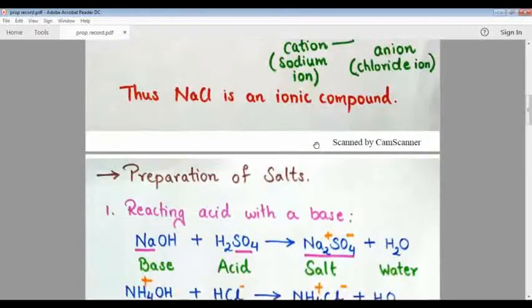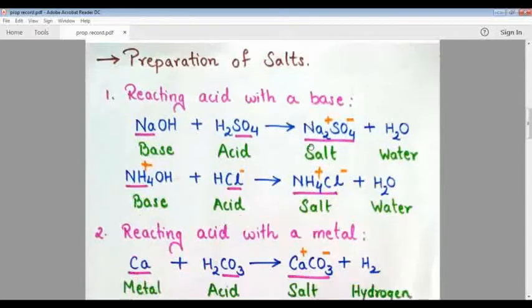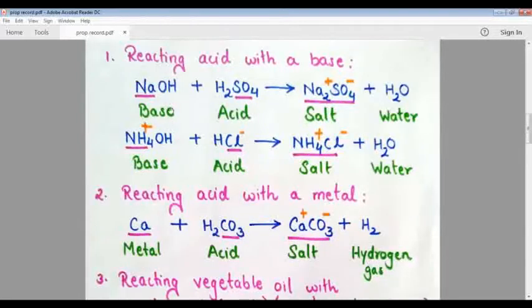Now moving on to the next part, preparation of salts. There are various methods for the preparation of salts, a few of which we will study. The very first, which we have already discussed, is when an acid reacts with a base. First example: when sodium hydroxide reacts with sulfuric acid, we get a salt plus water with the release of heat energy.